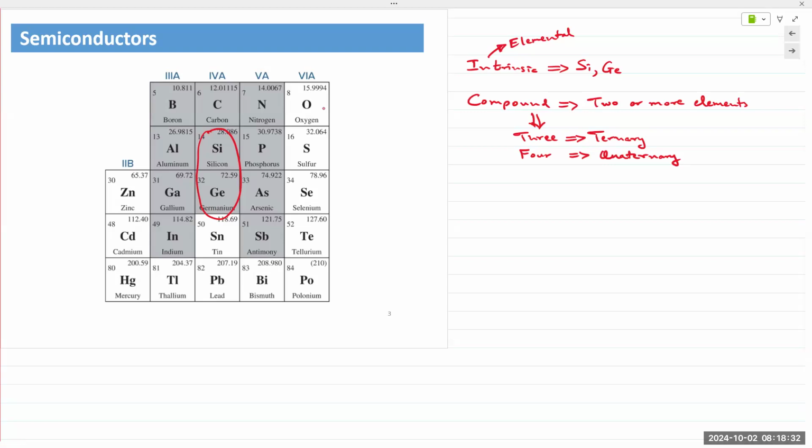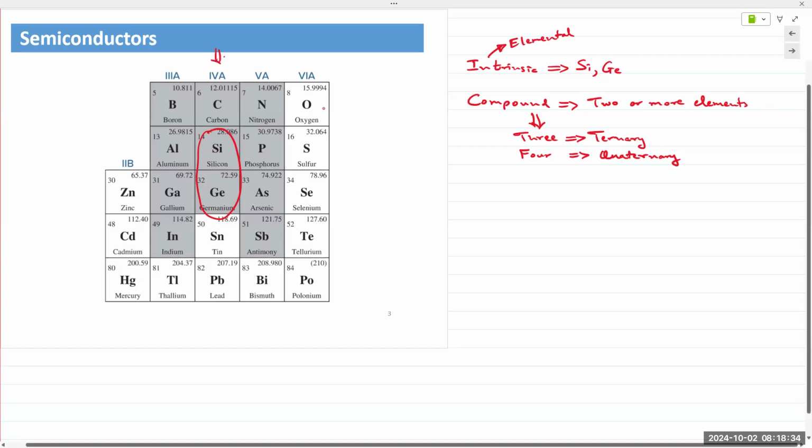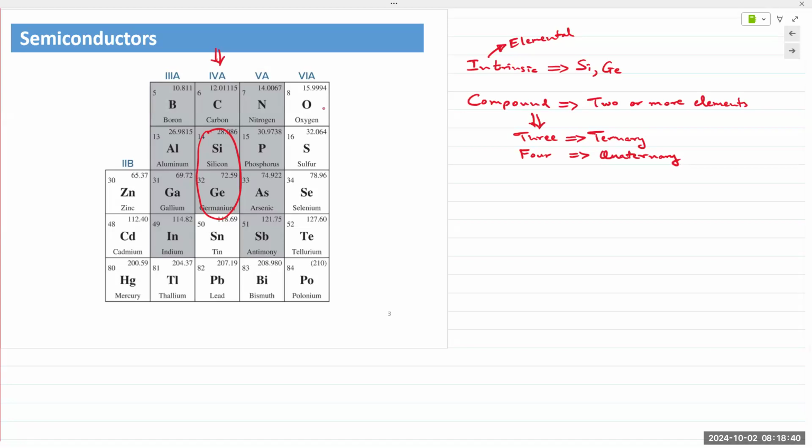So right here, elemental semiconductors. Almost everything that we learn in this class is based on silicon. Diodes, Zener diodes, transistors, FETs, MOSFETs, everything is based on silicon. That's the most prevalent material for semiconductors in today's world.